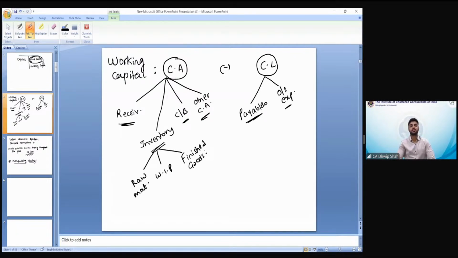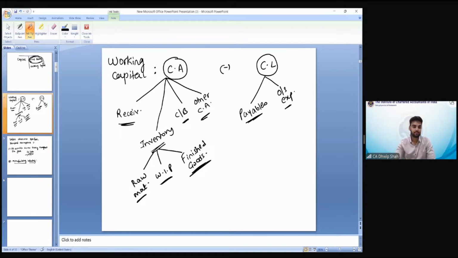Since we are learning working capital estimation for manufacturing businesses, inventory has to be of 3 types: raw material, work in progress, and finished goods. Okay? So we need to learn this as well, how to estimate the amount of raw material, how to estimate the amount of work in progress, and how to estimate the amount of finished goods stock.